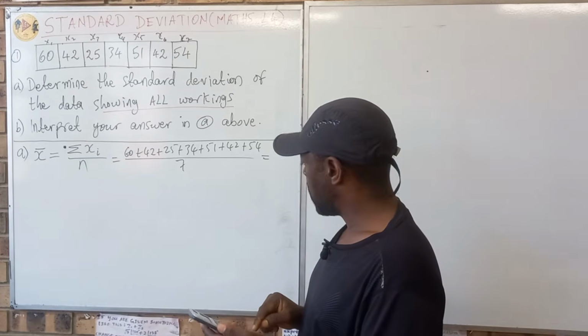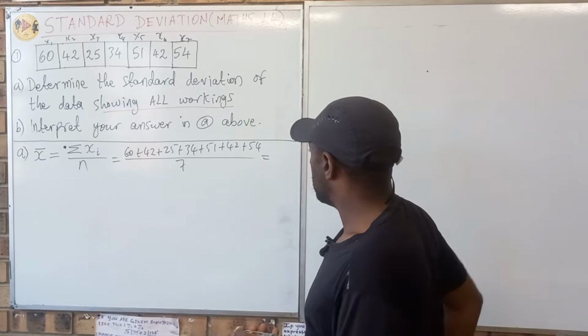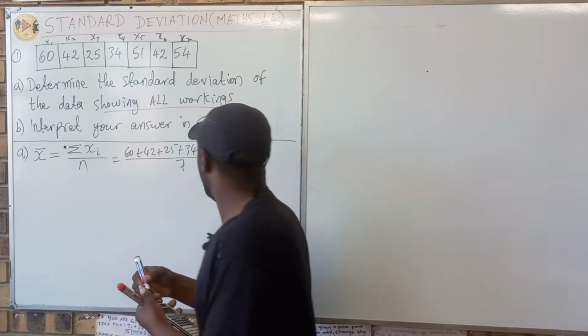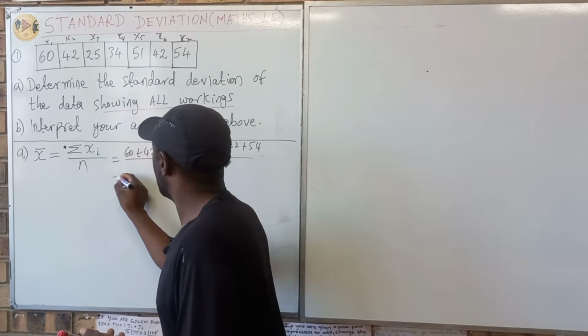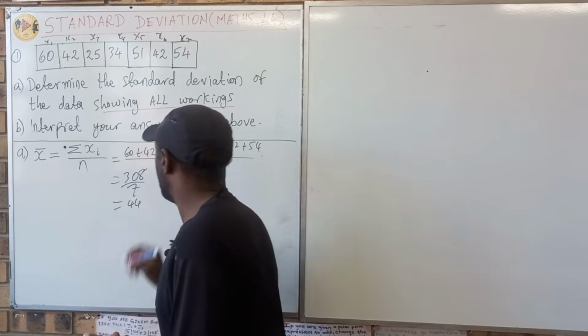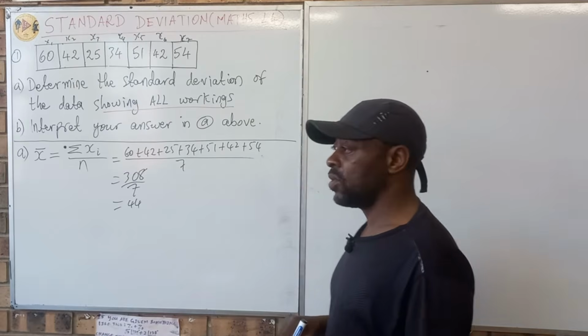That gives us 308. We divide by 7. Our answer is 44. So we've succeeded in getting our mean as 308 over 7, which is 44. That is our first formula that takes us to the mean.